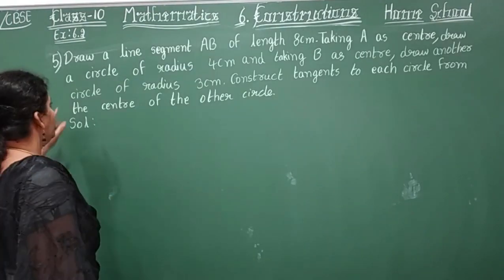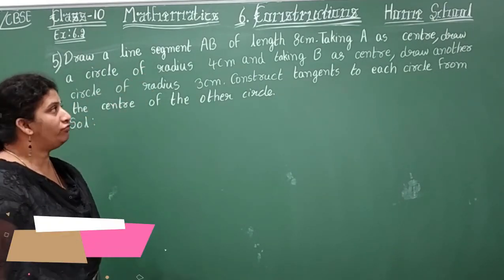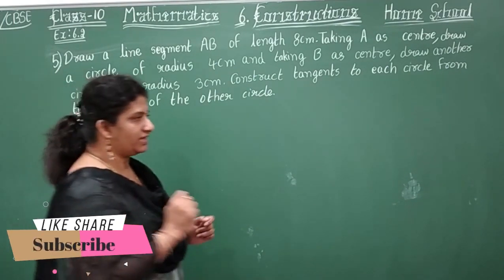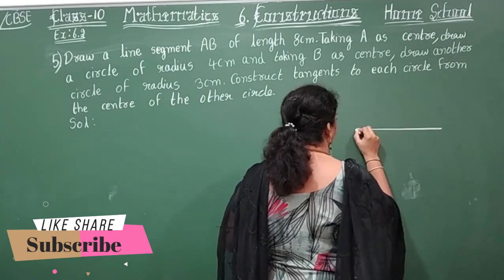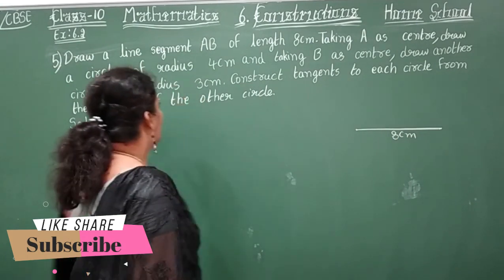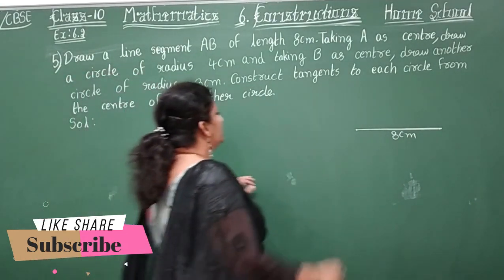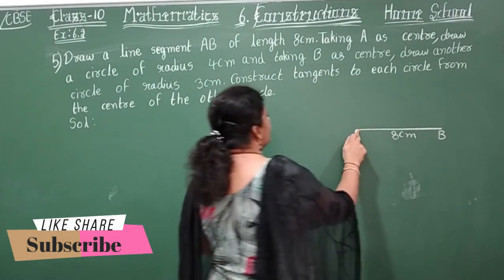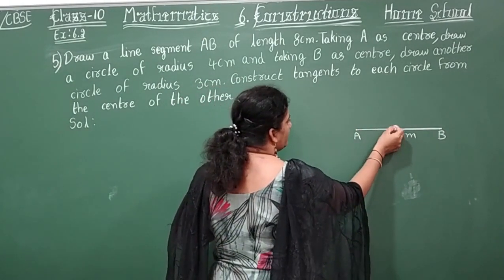Fifth problem, children. Draw a line segment AB of length 8 centimeters. Okay, roughly let's do it here. Draw a line segment of length 8 centimeters. Taking A as center, draw a circle of radius 4 centimeters.